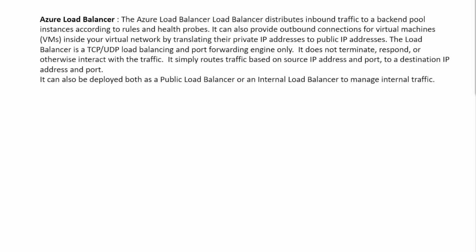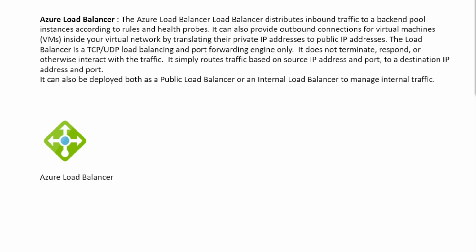A public load balancer is an external load balancer which has a public IP assigned to it, and an internal load balancer is an internal facing load balancer which has a private IP assigned to it. This is how we differentiate between the load balancers.